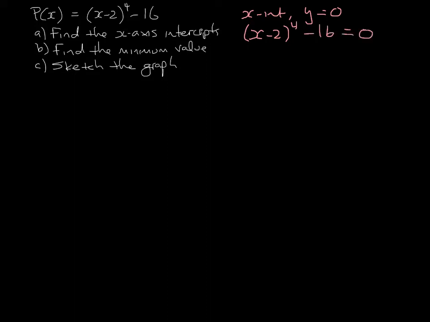We'll keep rearranging this. We'll add 16 to both sides, which gives us x minus 2 to the 4 is equal to 16.